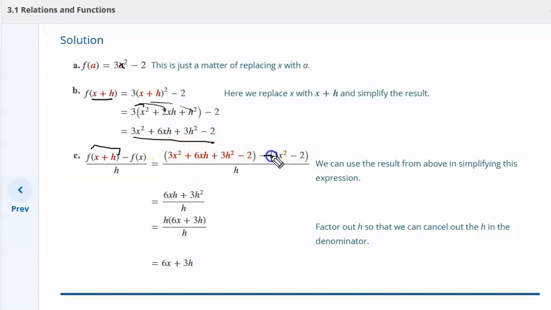This changes, this becomes negative, this will then become positive, and then we start grouping like terms. Well, here, this is going to cancel, and we get 6xh right there. And then we have a negative 2 and a positive 2, so these cancel. And we're just left then with this. And it's all over h.